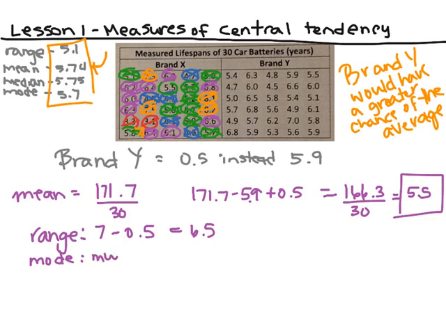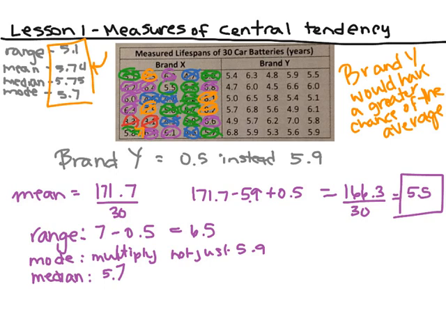There'd be multiple different ones, 5.6, not just 5.9. And the median would still be the middle number at 5.7. It changes slightly.